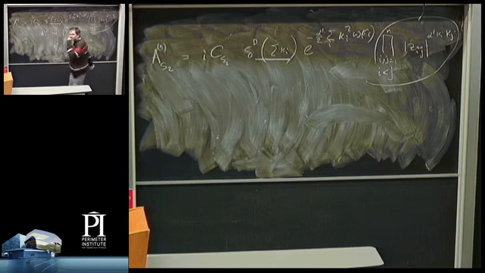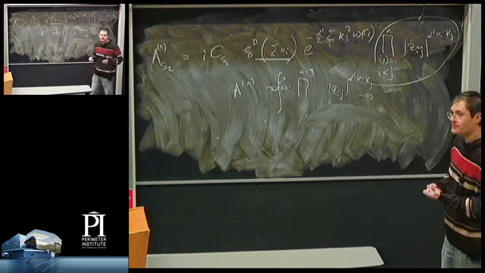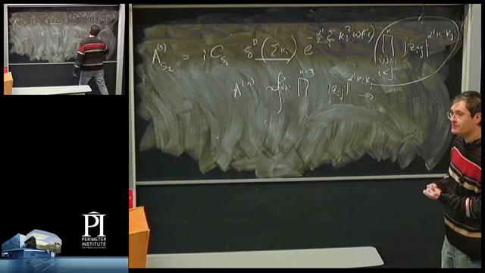And then we have to integrate over all possible insertions, the product of dz_i up to n minus 3, and these physical amplitudes are what's known as Virasoro amplitudes in string theory.